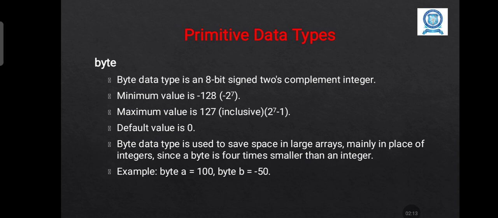For example, byte A equal to 100. Here A is the variable name and the data will be kept in the variable A, and the byte data is 100. So in the program A will have 100, and byte B equal to minus 50. B is the variable with the data type byte which will have the value minus 50.